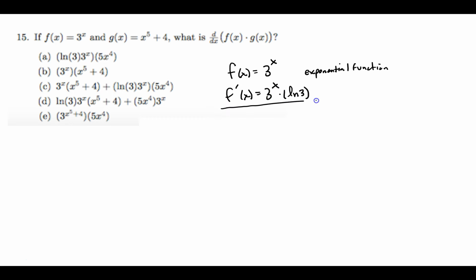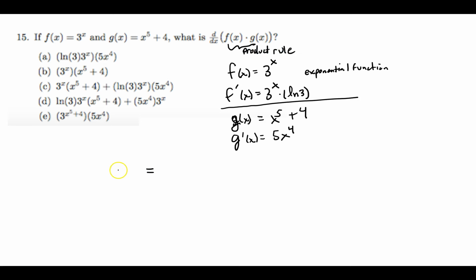Okay, great. And then g of x is just some polynomial, x to the 5th plus 4. So g prime of x is just going to be 5x to the 4th. Okay, and we just have to do product rule. This is two functions multiplied together, so product rule.